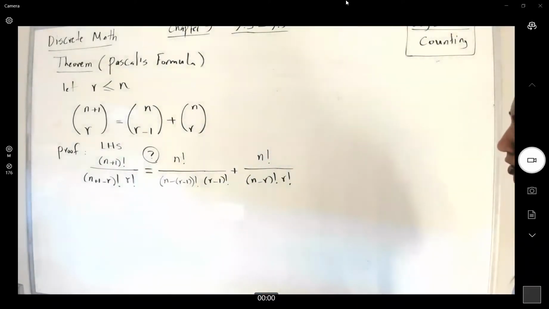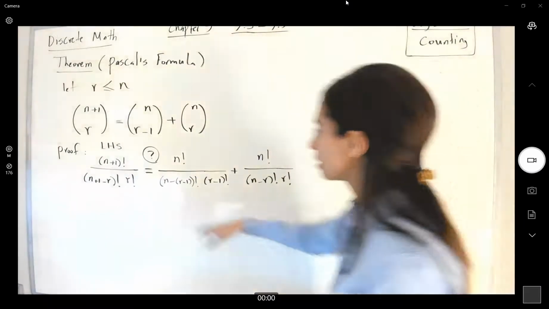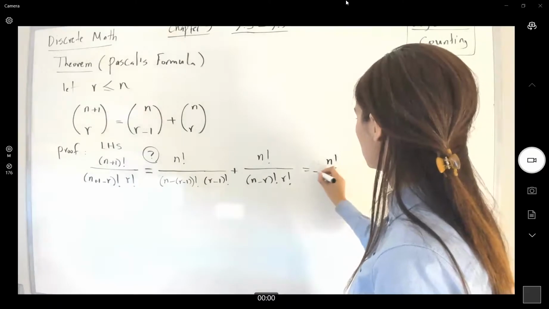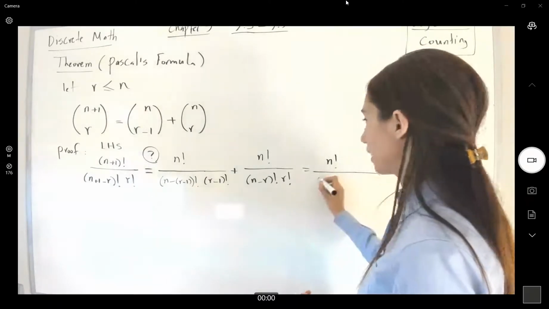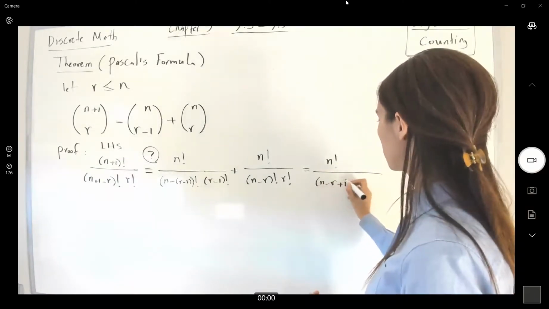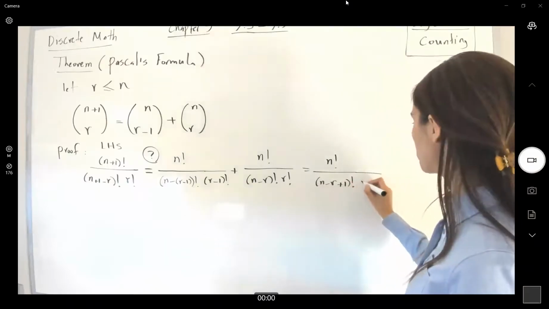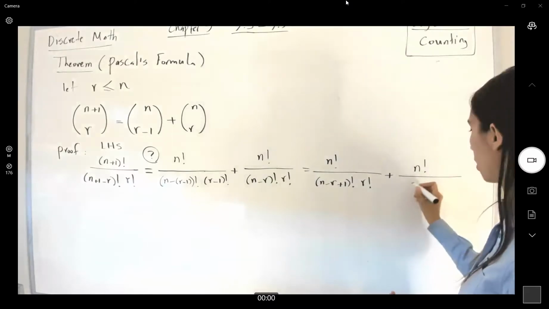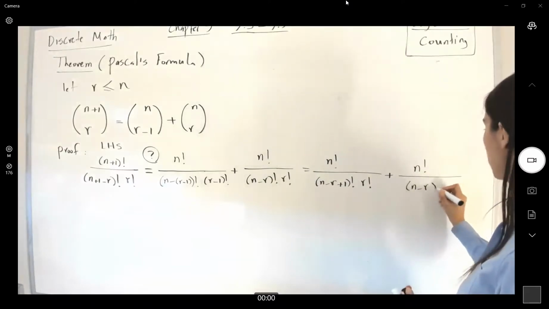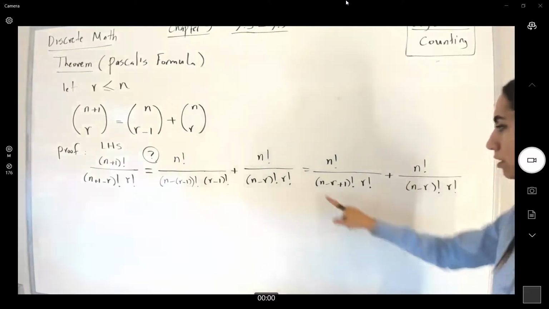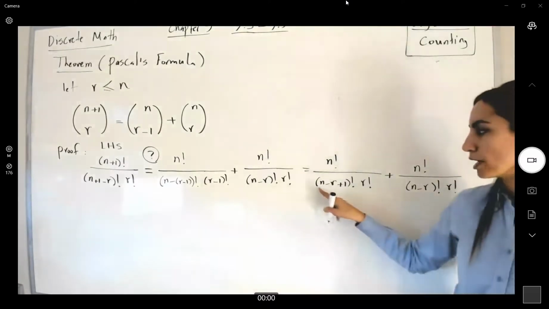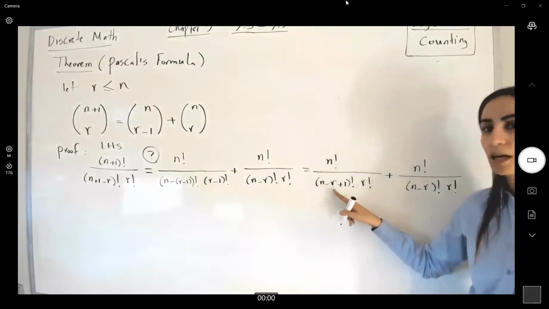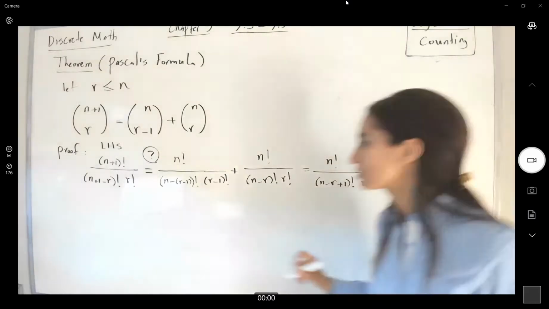Okay, so let's see. What is on the denominator? I have n factorial divided by (n minus r plus 1) factorial times r factorial, plus n factorial divided by (n minus r) factorial times r factorial. This first one can be broken down into (n minus r plus 1) times (n minus r plus 1 minus 1) factorial.